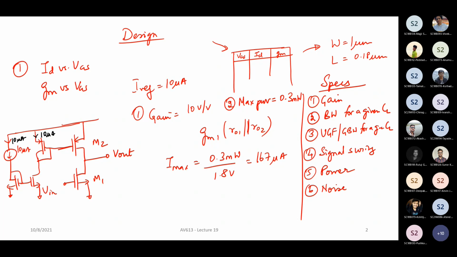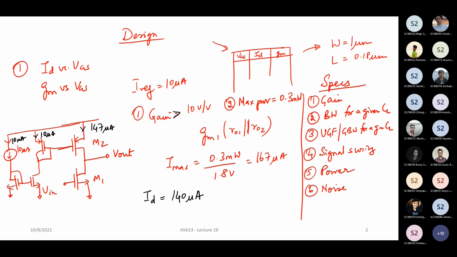So this is 20 microamp. What is the current that you have for your actual amplifier? You have 167 minus 20, which is 147 microamp as your max current. So you might say, okay, my ID is taken to be some 140 microamp, because these are all inequalities.